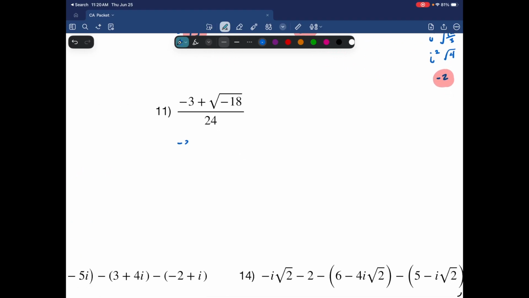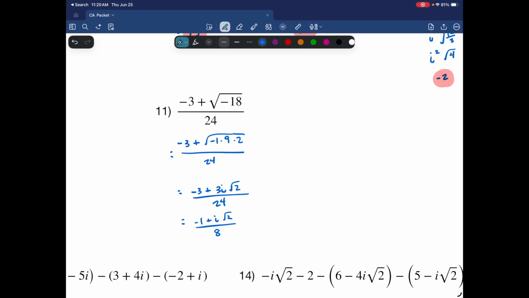On 11, I got negative 3 plus square root of negative 1 times 9 times 2 all over 24. All right, so I got negative 3 plus 3i square root of 2, and 3 goes into 24, so this is going to be negative 1 plus i square root of 2 over 8.